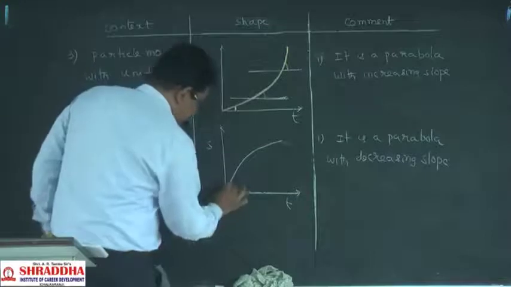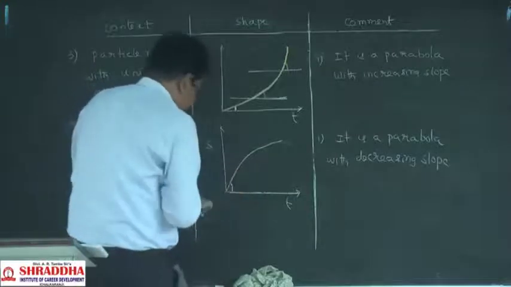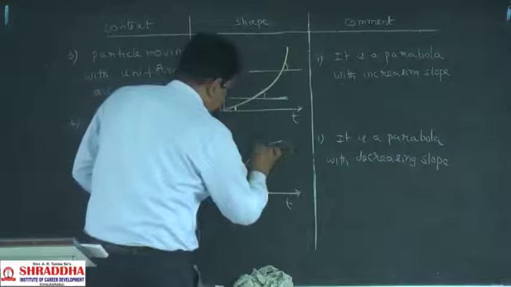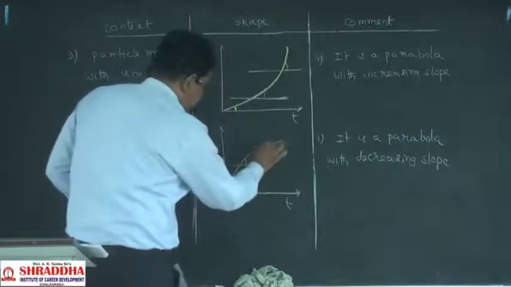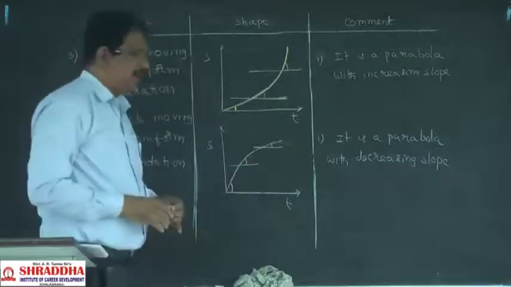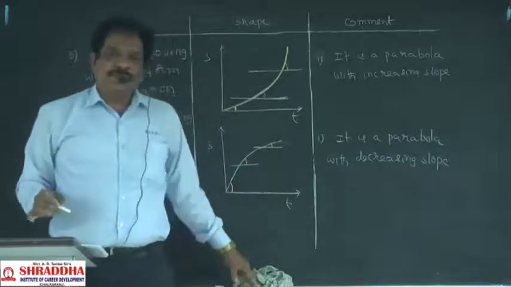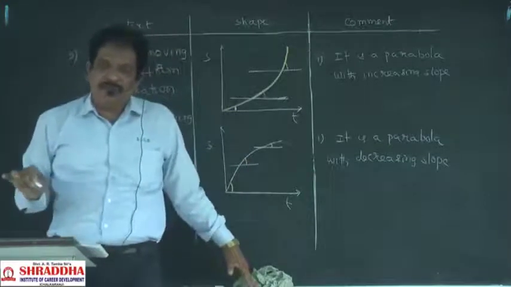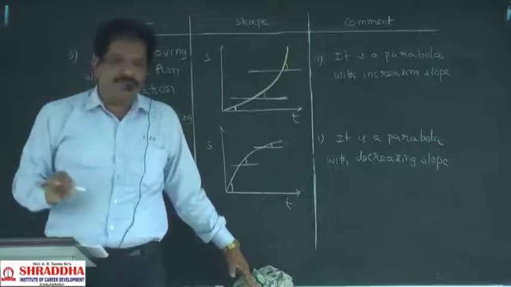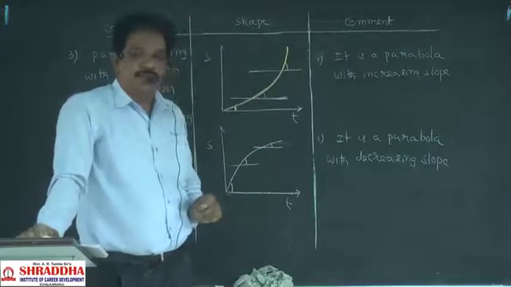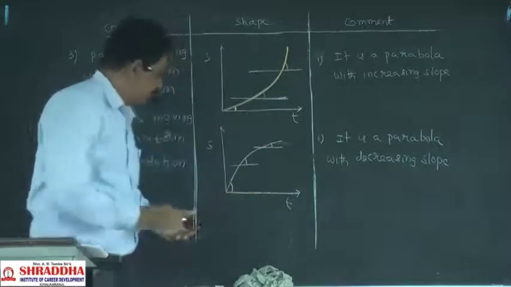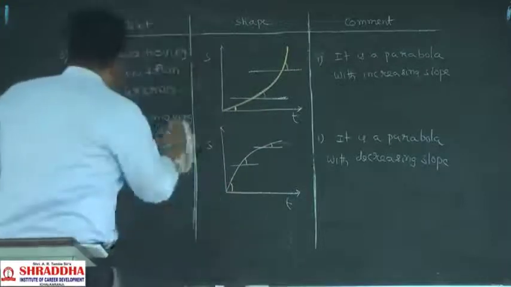This angle, comparing to this angle here, gradually decreases. So the graph is a parabola with decreasing slope; the earlier graph is a parabola with increasing slope. Clear? Next.